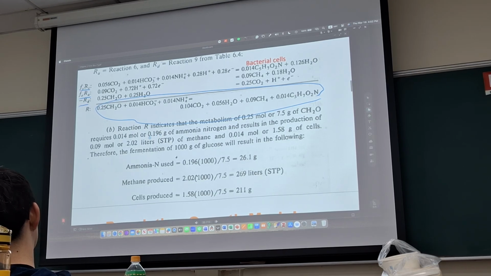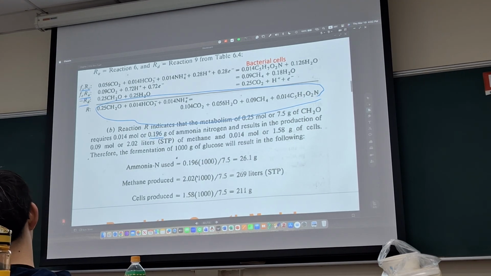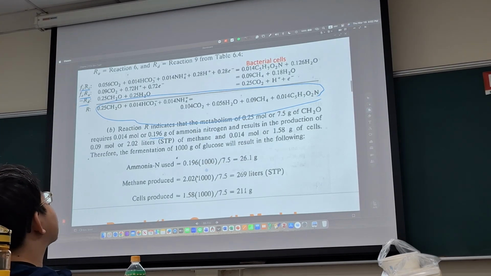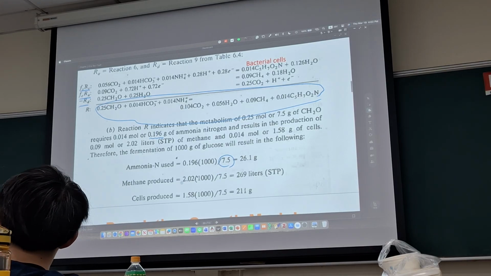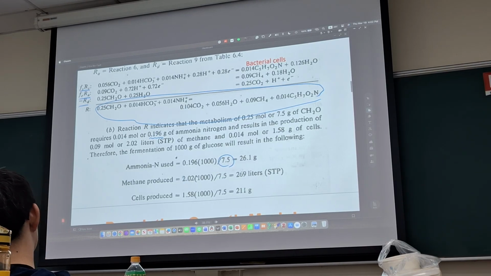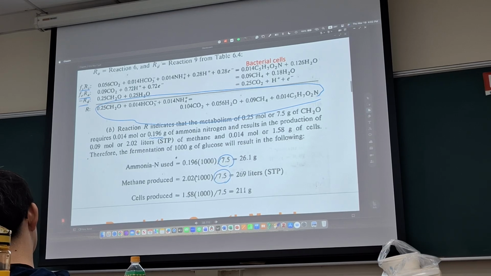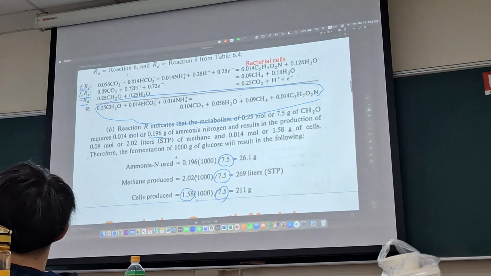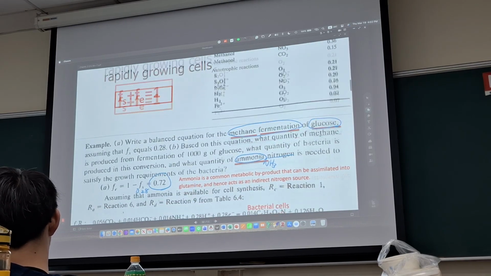We have 0.196 grams of ammonia nitrogen, over 7.5, and the methane produced is 2.02 over 75, cells produced is 1.58 over 75. So please go back to the textbook for this question.